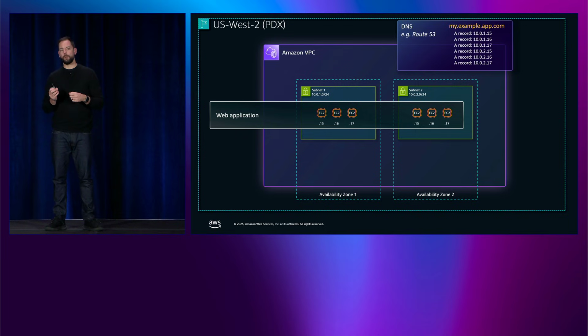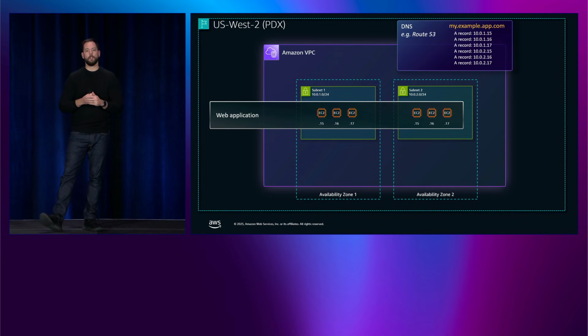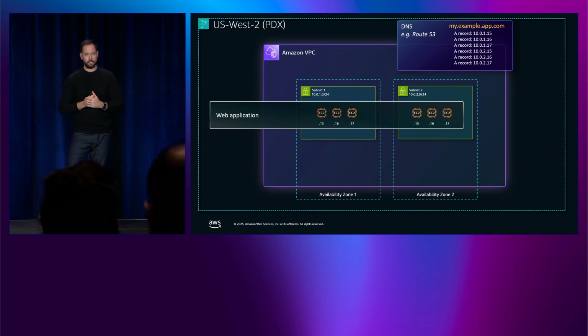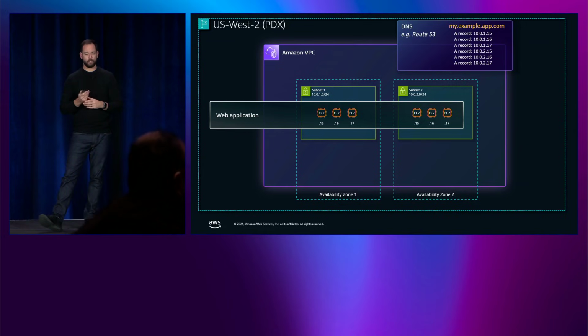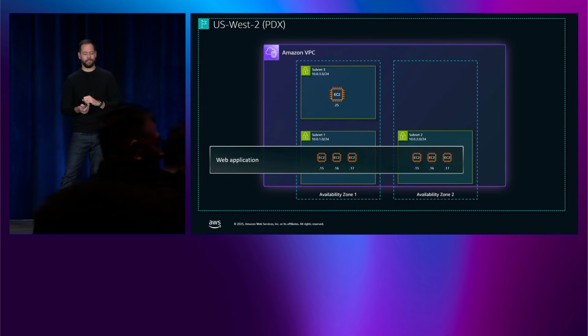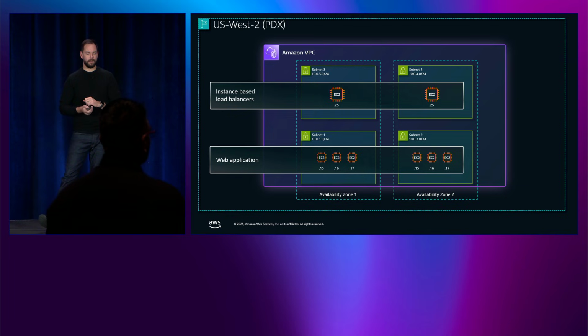Now, this isn't true load balancing in the sense that you're not spreading the load based on a per packet or 5-tuple basis. Milan's going to talk about 5-tuple and why it's important. But you're spreading the load based on a DNS query. The response is an A record. The client chooses that A record, and that's used as the destination. And so there are some downsides to just purely using DNS here. I say that, but we use DNS internally for a lot of stuff, and I'll talk about that.